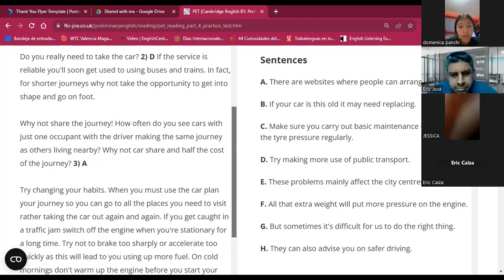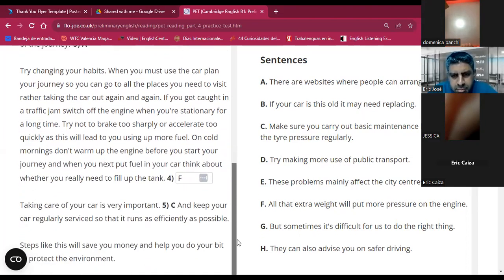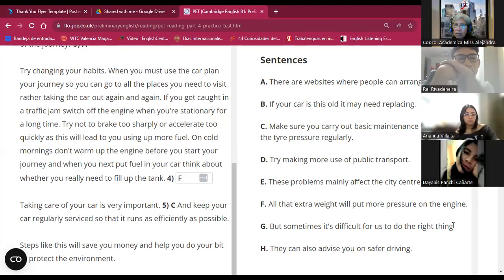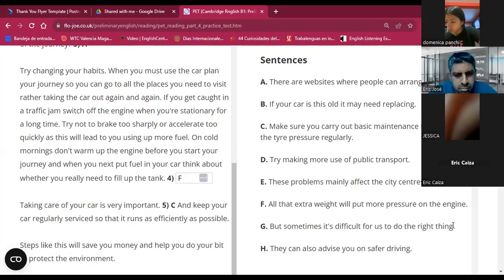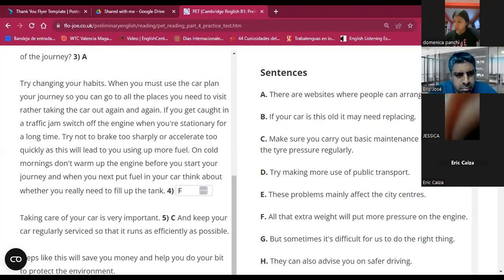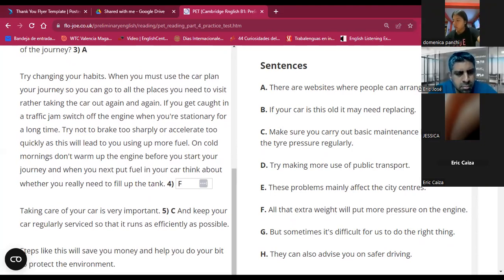No, teacher. Rest of the paragraphs? No problem. Okay.